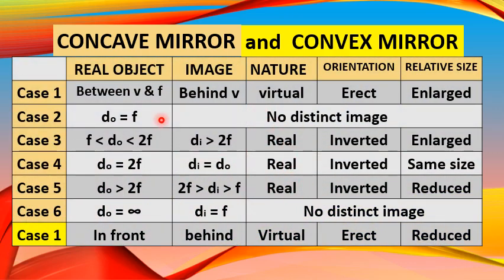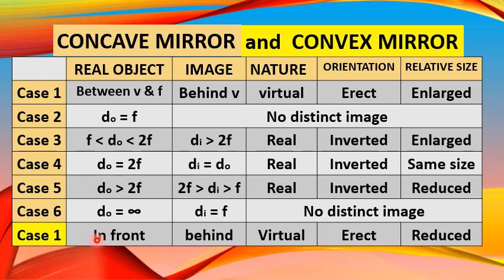All right. So in this table, we have summarized the different cases when the mirror is concave. And when the mirror is convex, there's only one case.